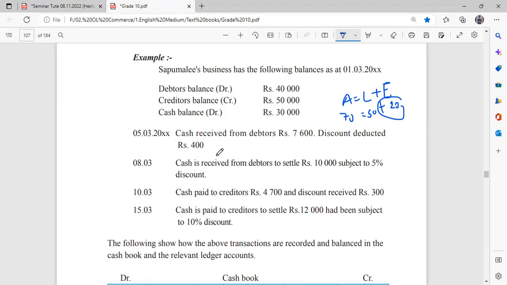Since this is related to cash receiving and cash payment, not trade discounts, we call it cash discount allowed. So we received cash from debtors 7,600, discount deducted 400, which means altogether 8,000.